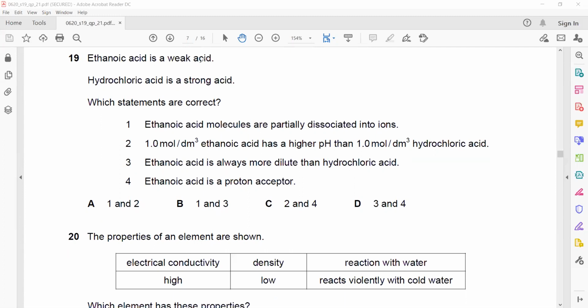Ethanoic acid is a weak acid. Hydrochloric acid is a strong acid. Which statement is correct? Question 19. One and two.